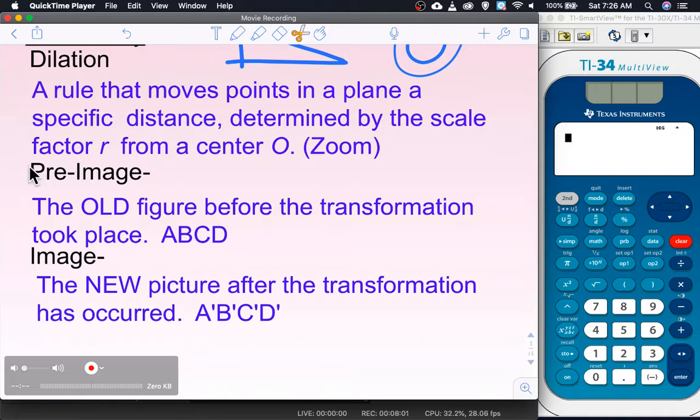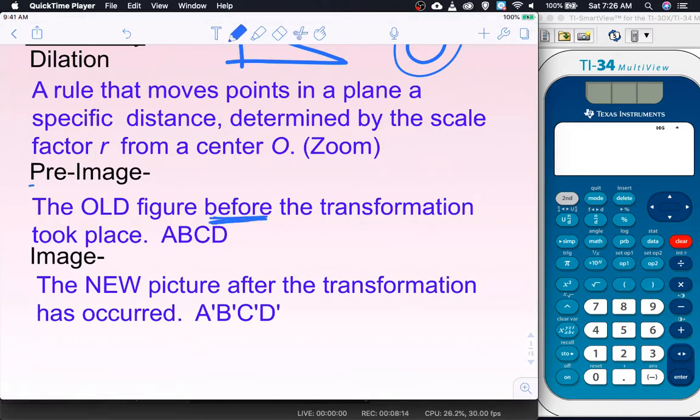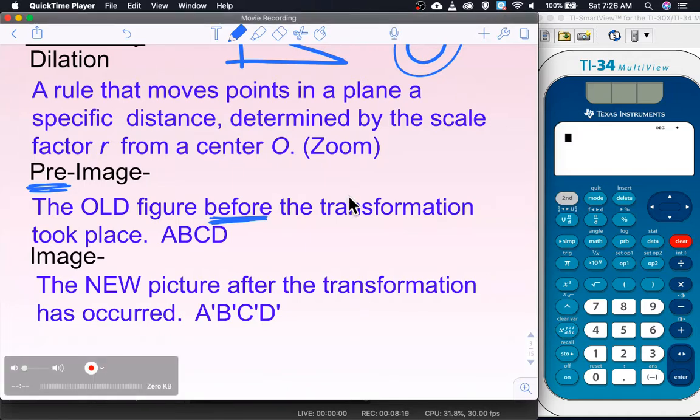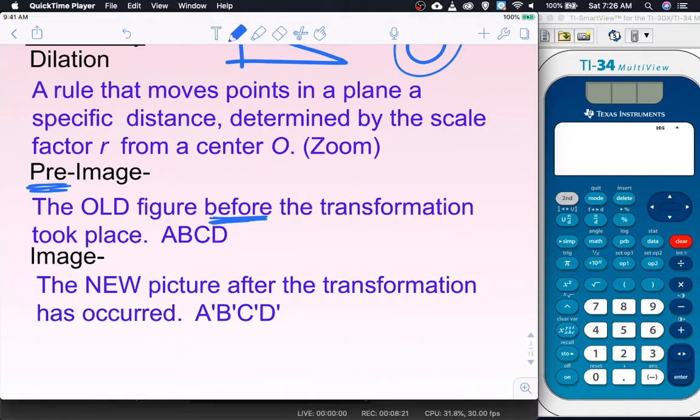Pre means like before. Well, the pre-image is the old figure, the original, before the transformation took place. So before. Pre. Those things kind of go together, right? So the pre-image is the original. It's what happened before the transformation took place.